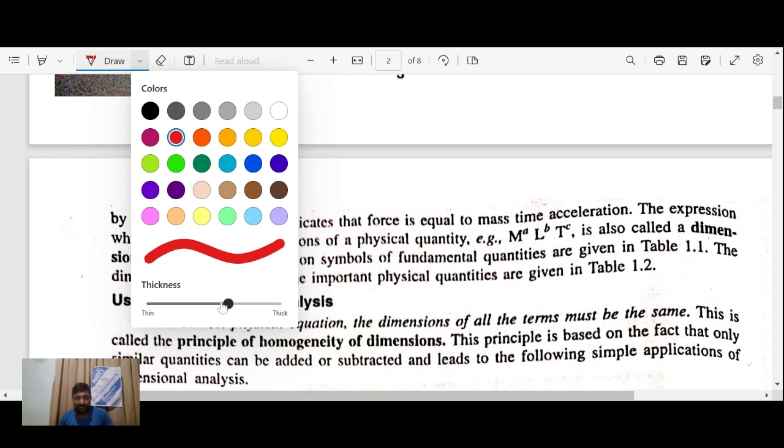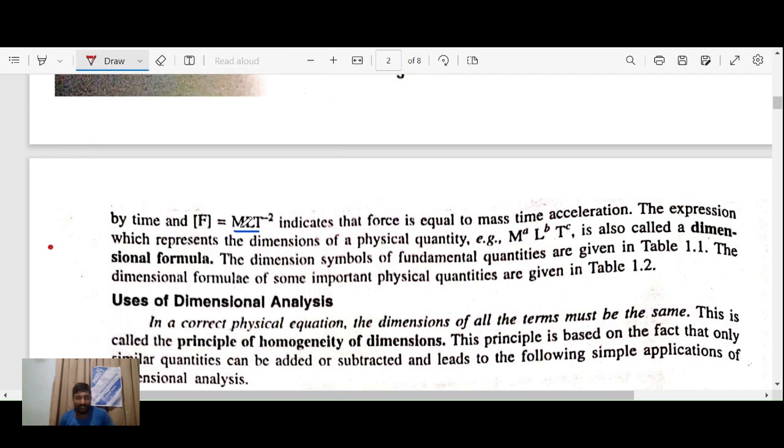Now look at this, to the power 1, to the power 1, and here minus 2. That means capital M raised to the power a, so you can see a equals 1. And in the place of L, you can see the power is 1. That means the value for b equals 1. Likewise, we can find the other one.